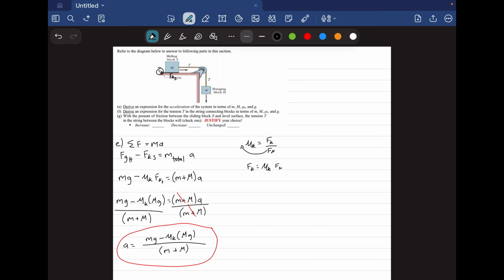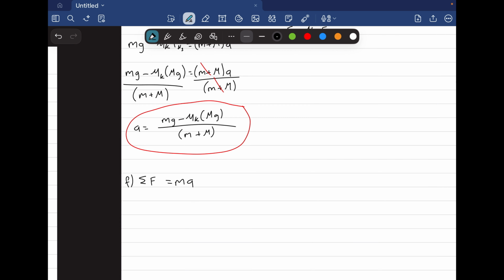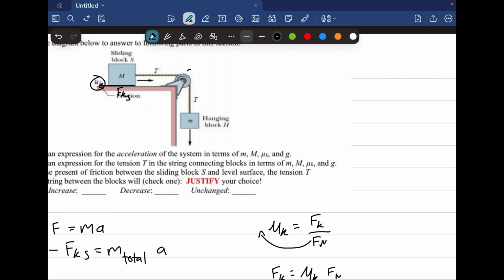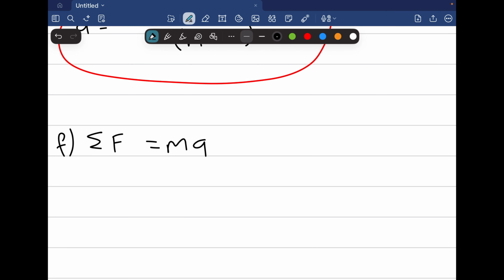So part F wants us to find the T function in terms of lowercase m, capital M, mu k, and g. So I'll write out Newton's second law is equal to ma. And then I'll look at this part of the system, and you know that Fgh is greater than T. So I'll write this first, because it's moving to the right.